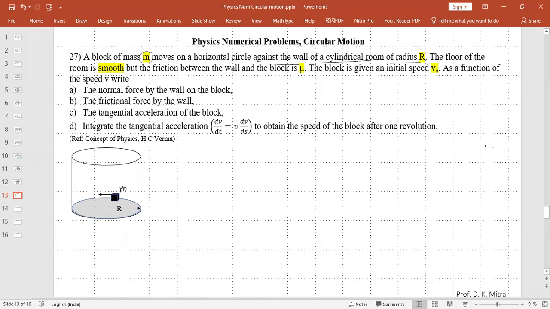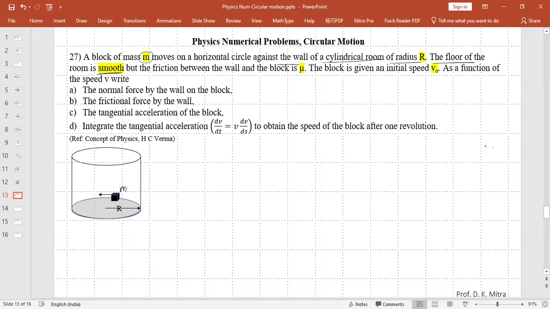And due to some initial force, the block started sitting inside the room, pressing against the wall. The floor of the wall is smooth.